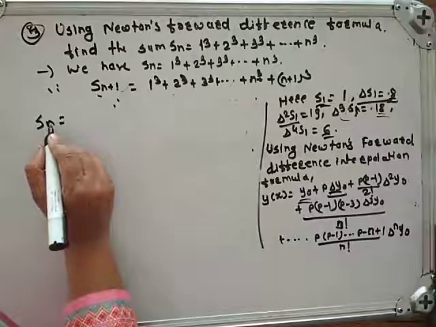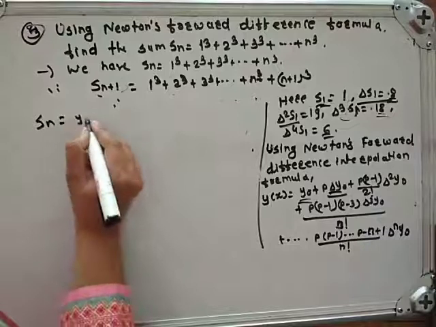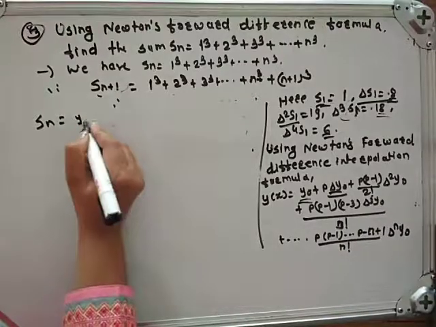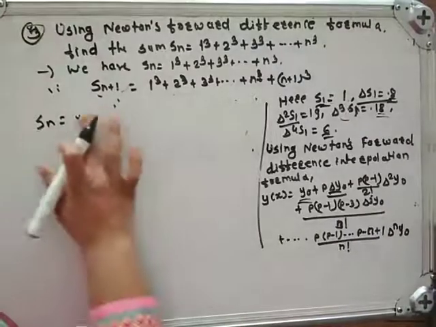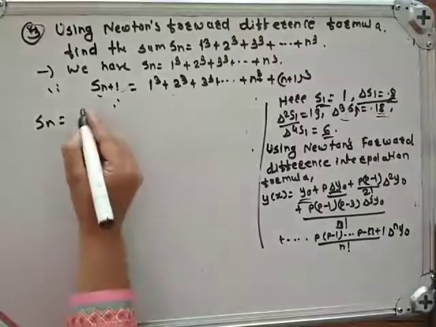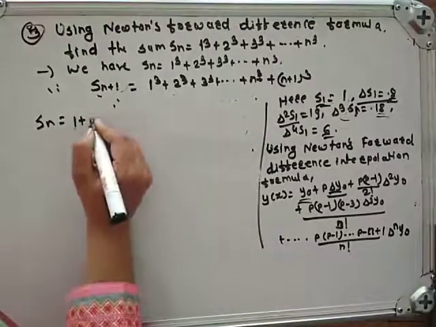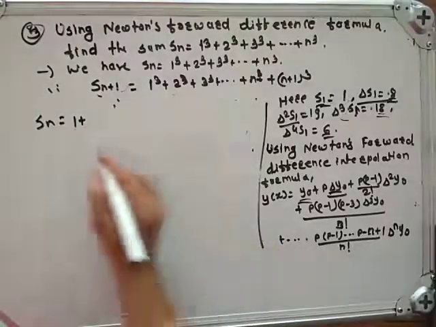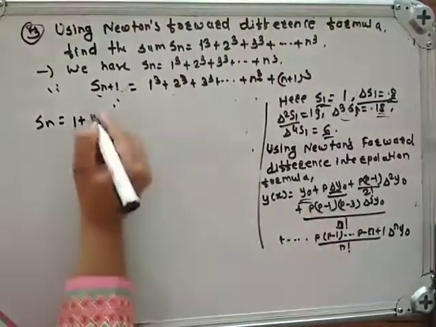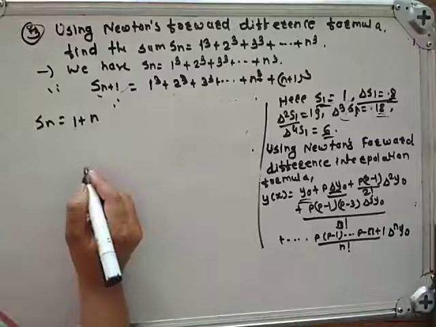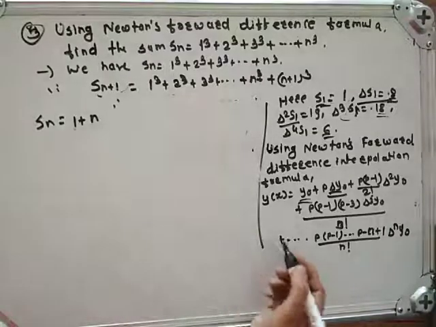So y0 means S1, which is 1, plus p, here replace p by n, into delta y0.